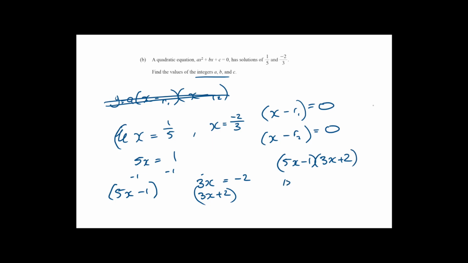So we've got 15x squared minus 3x plus 10x minus 2. So we've got 15x squared plus 7x minus 2. Therefore A is 15, B is 7, and C is minus 2.